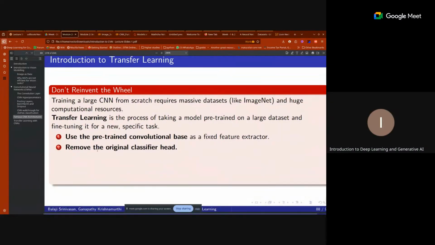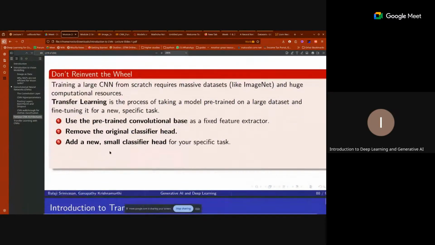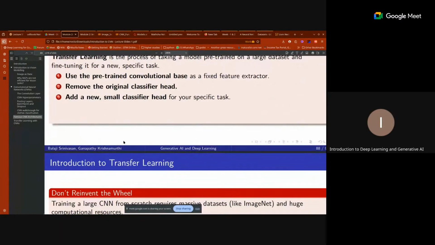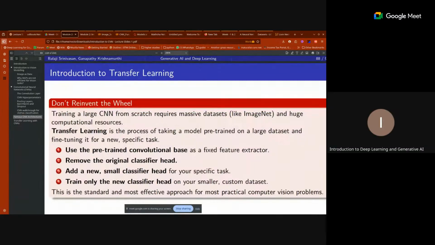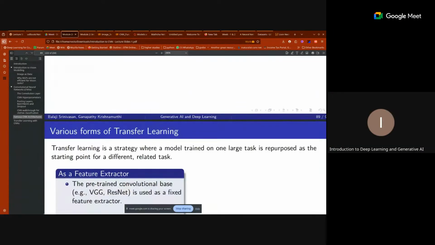We remove the classifier head. The classifier head usually denotes the last layers, the fully connected layers. So we train the fully connected layers. That is what we call a classifier head, right? So it will be like that.